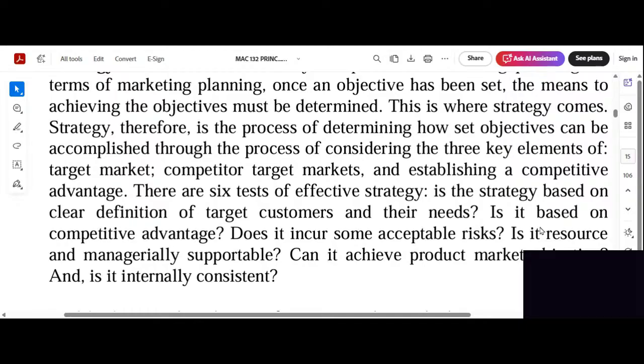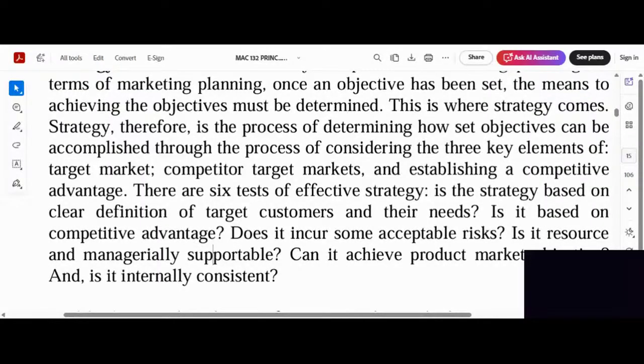The second one is competitive advantage. I was trying to say this when we had that unfortunate network issue. We've talked about it earlier, like we mentioned it when we were talking about marketing, but I really want us to talk about it more clearly.